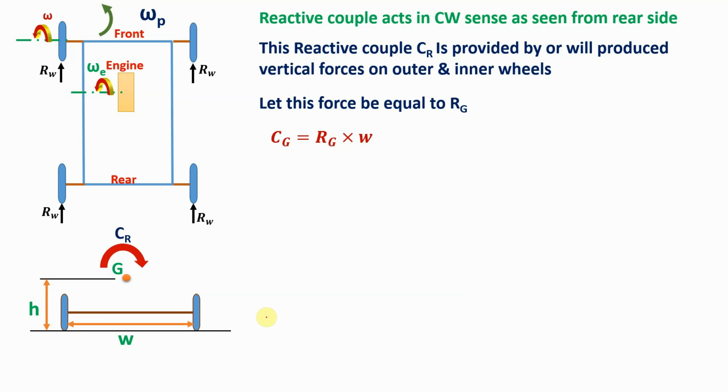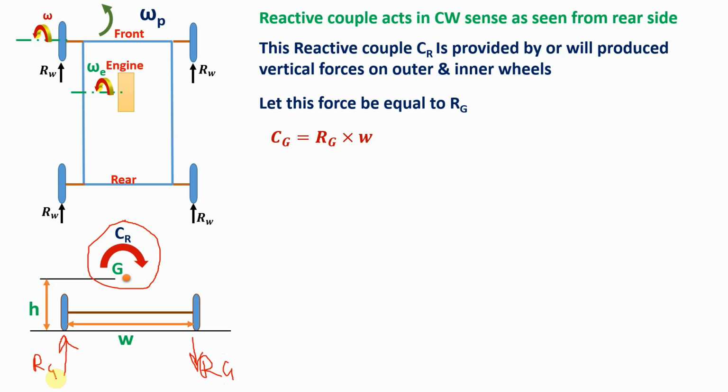Now here is couple CR, it will produce or is provided by the upward force acting on the left side of the vehicle and downward force acting on the right side of the vehicle. Okay. We call this reaction as Rg.